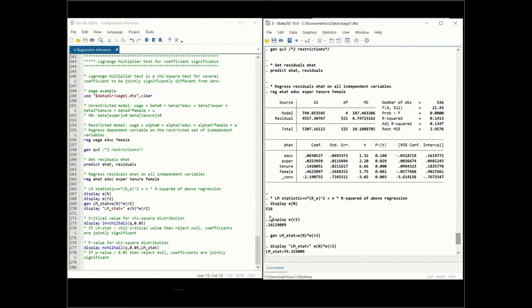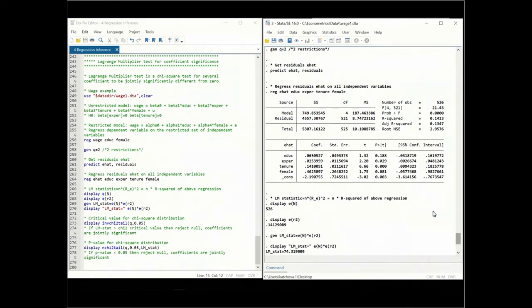The number of observations, using e(N), is 526. And display e(r2) is the R squared. So the LM statistic is the number of observations times the R squared.